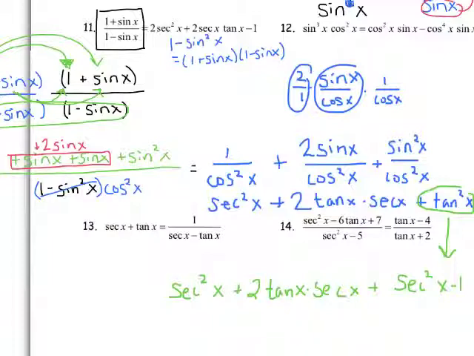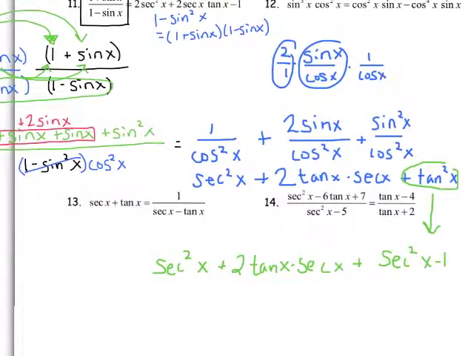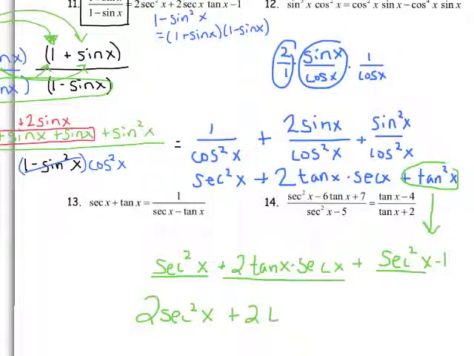So this is actually the final step because now secant squared plus secant squared makes 2 secant squared. I have this middle piece, and I have the minus 1. Okay? All right, that was all number 11.